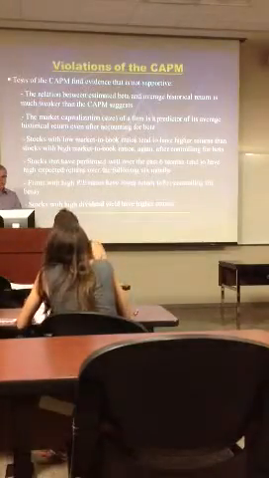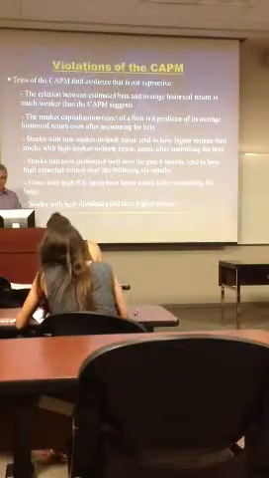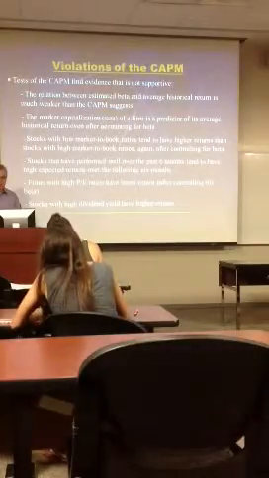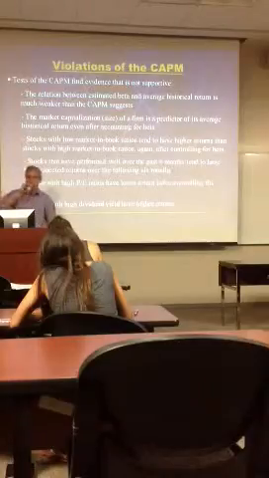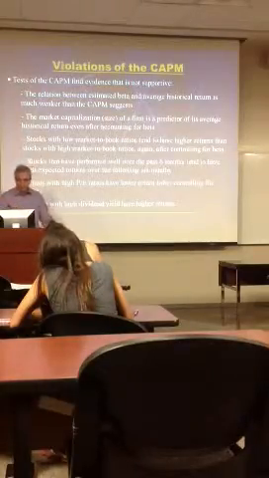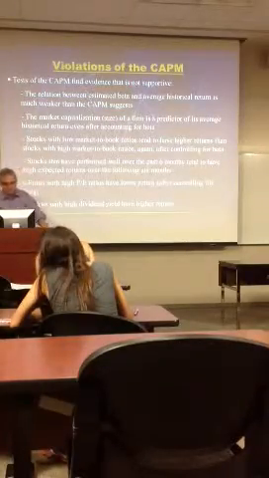Okay, stocks with low market-to-book ratios tend to have higher returns than stocks with high market-to-book ratios, again, after controlling for beta. What does this say?